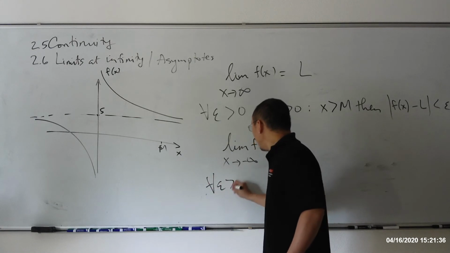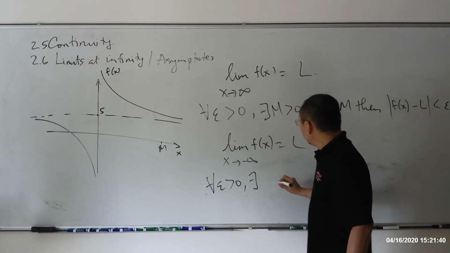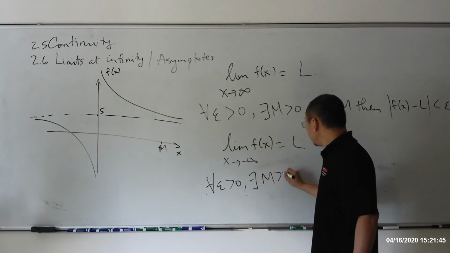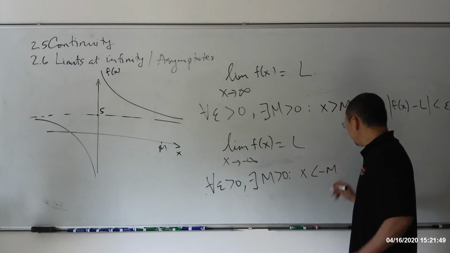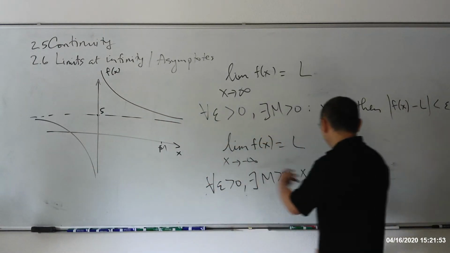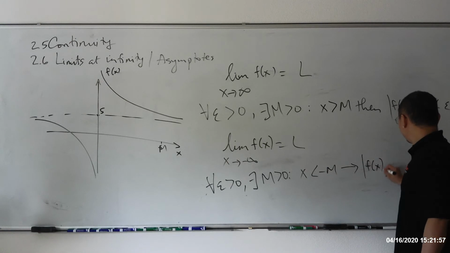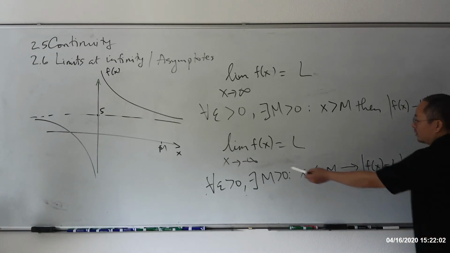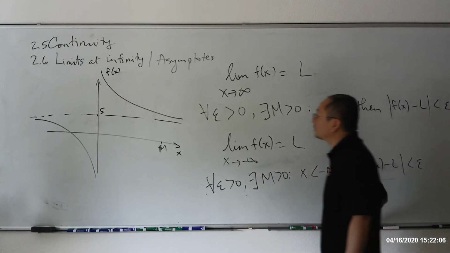For any epsilon positive, there exists m positive such that if x is less than negative m, now m is positive, but negative m is going to be the other side, right? Even smaller than that, then the absolute value of f of x minus L is less than epsilon. Same idea, because we talk about negative infinity, so less than negative m for the other side.